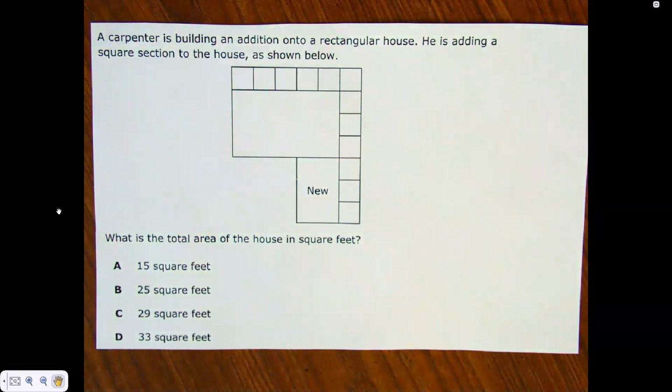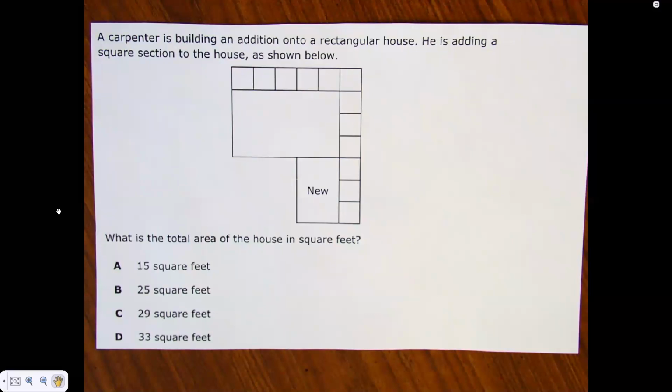He is adding a square section to the house as shown below. What is the total area of the house in square feet?